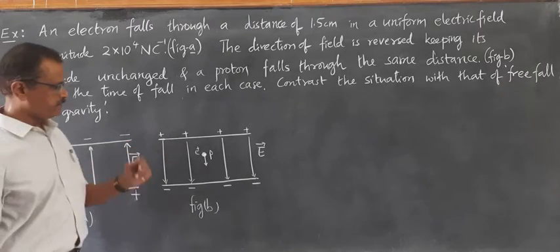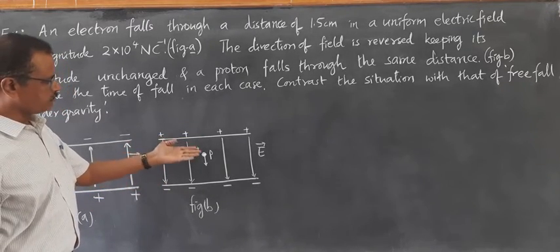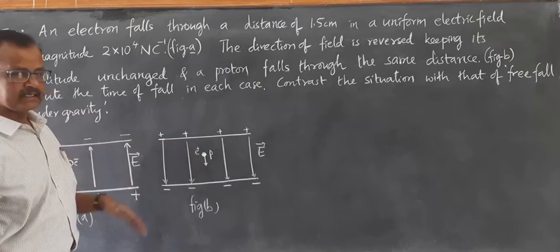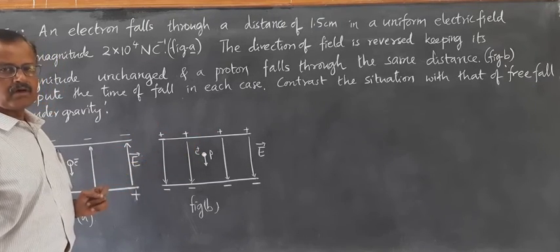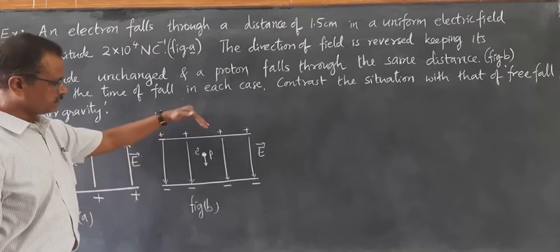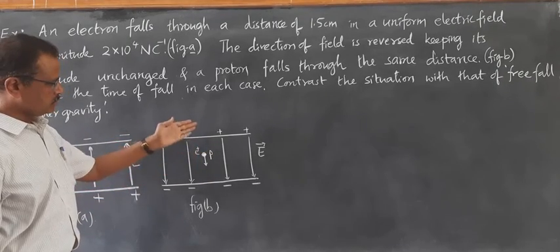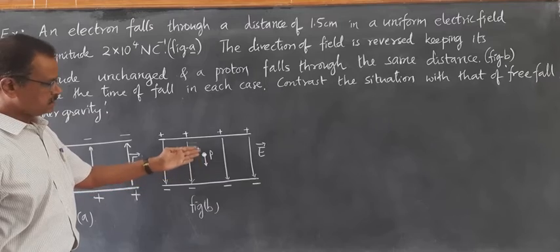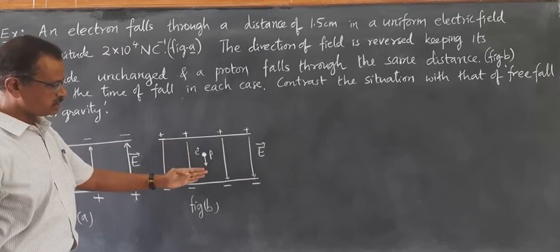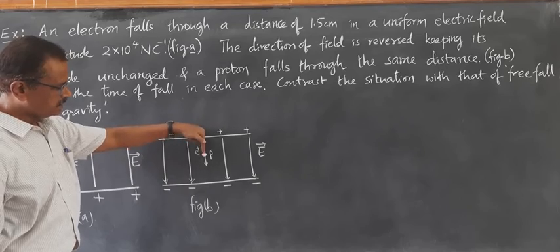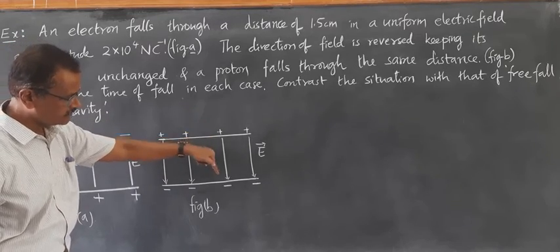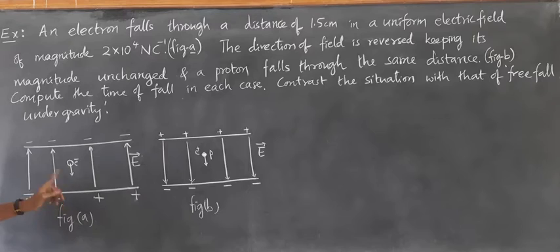In the same way, when a proton is made to fall, reversing the electric field of the same magnitude, the same situation occurs. The electric field is vertically downwards, so the proton, being positively charged, also undergoes acceleration. Its speed also keeps on increasing, but the acceleration is along the direction of the electric field. Here the acceleration is opposite to the direction of the electric field. That is the only difference.